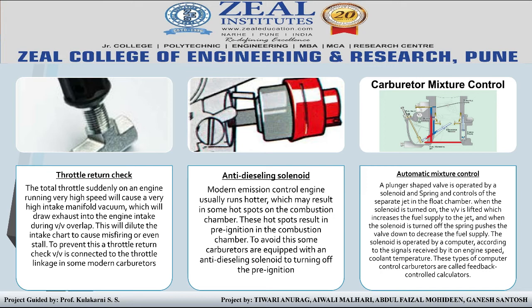When the solenoid is turned off, the spring pushes the valve down to decrease the fuel supply. The solenoid is operated by a computer according to signals received on engine speed and coolant temperature. This type of computer controlled carburetor is called a feedback control carburetor.